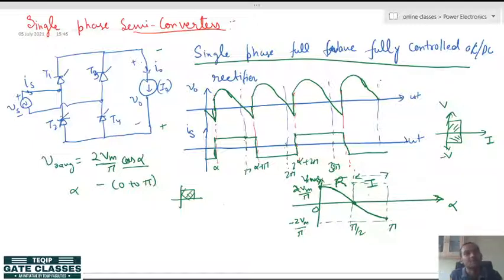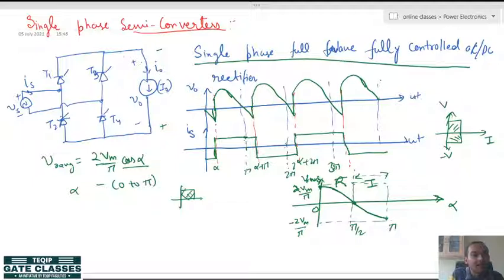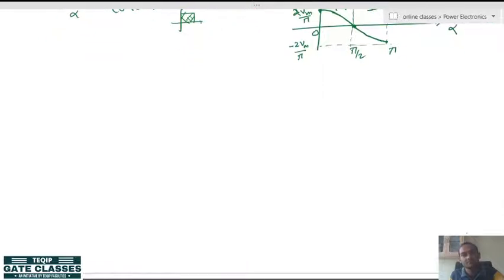And third problem is that when you have to use only up to the first quadrant, why use these costly switches? So, instead of that, what we do is put a freewheeling diode in this circuit. Let me make a modified circuit, a circuit like this.